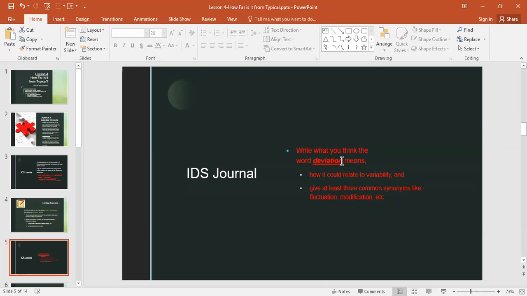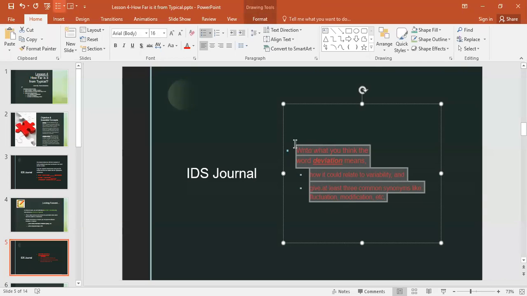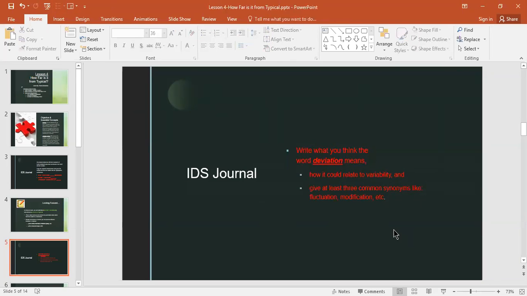I fully expect that some of you might have never heard of the word deviation, so I encourage you to do a little search and see if you can understand what deviation means, and then we'll connect it to our lesson for today and to the variability.